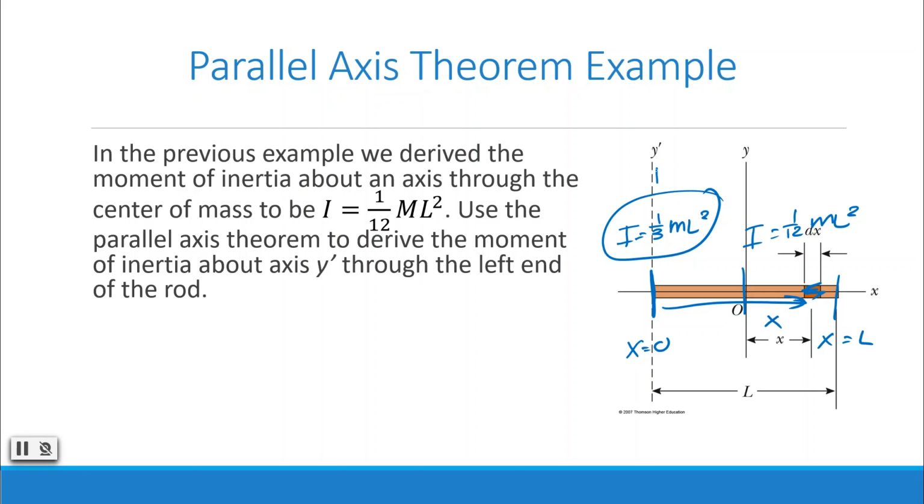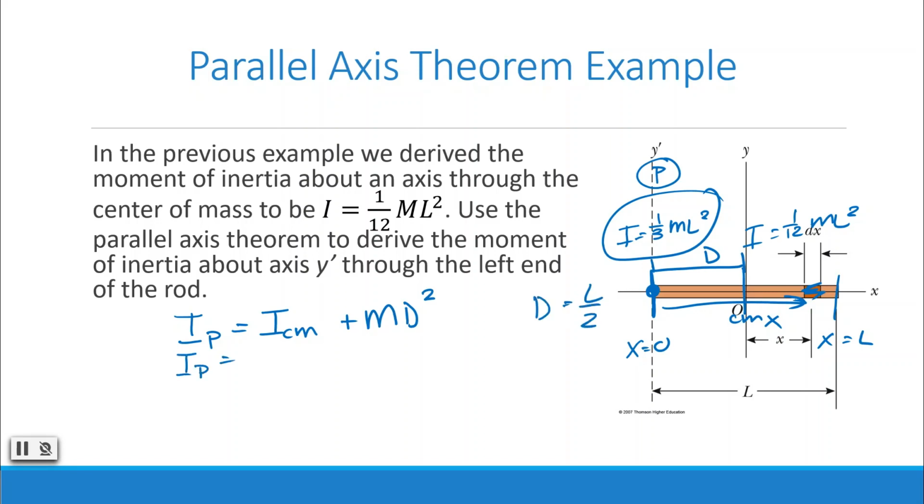I'm going to call this point P right here, this axis right here. The rotational inertia about point P is the rotational inertia about the center of mass plus md squared. Well, d is going to be the distance between the center of mass and point P. In this case, d is equal to L over 2.